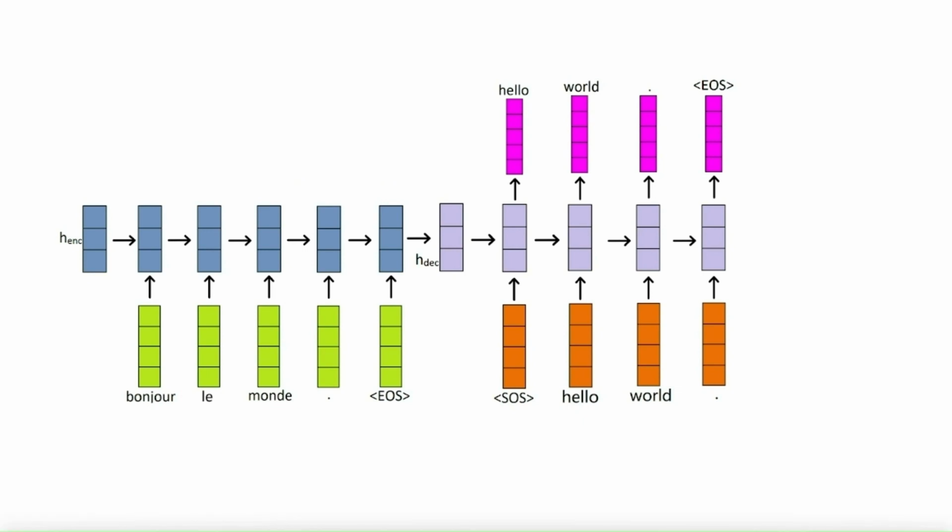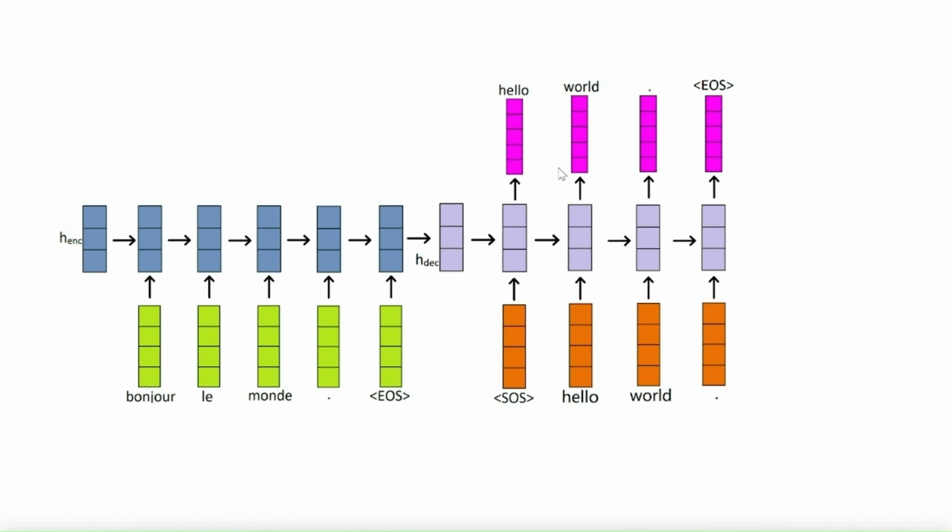Another drawback is that even if you are using GRUs or LSTMs, in the decoding process, for each target word to be decoded, it does not have a straightforward intuition that tells it how much each word in the source sentence corresponds to the current word in the target sentence. And this will lead to inaccurate predictions.